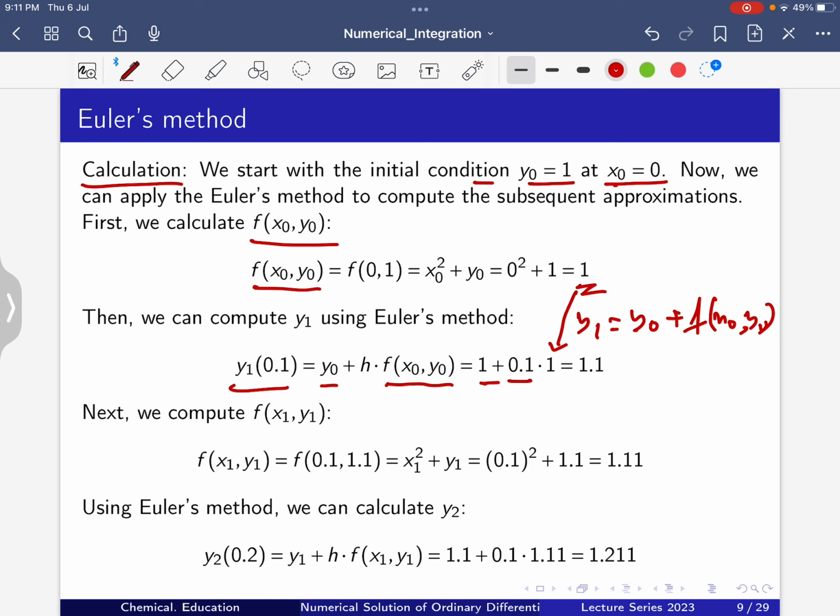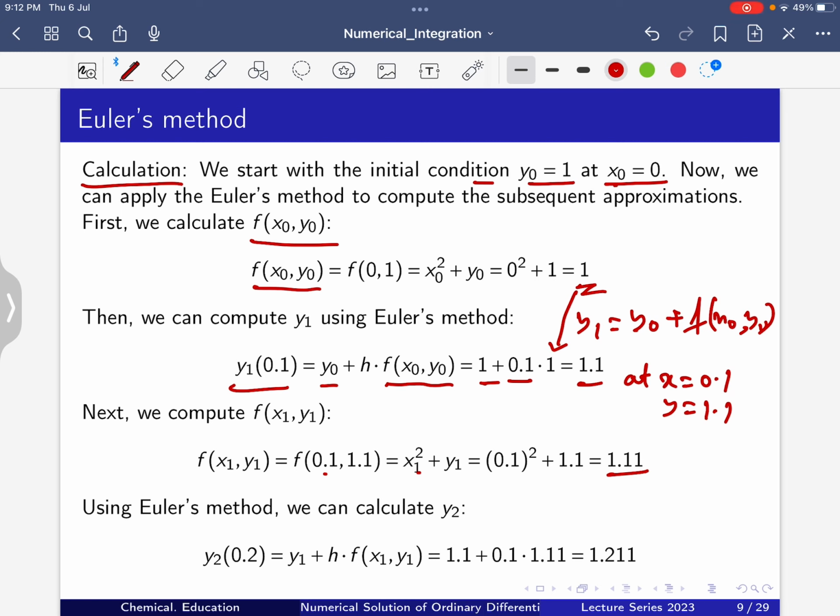So that will be 1.1, meaning at x = 0.1, y will be 1.1. Now we can compute f(x1, y1). With x1 = 0.1 and y1 = 1.1, 0.1² + 1.1 will be 1.11.